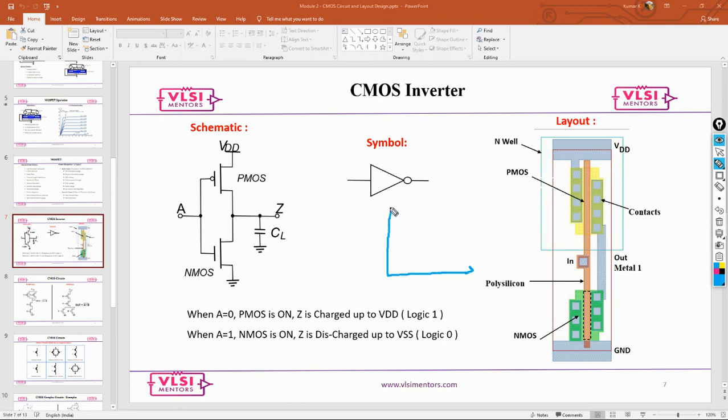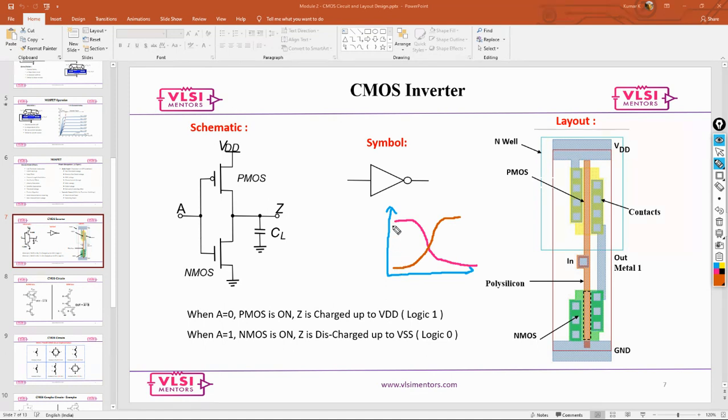So it is going to be V in and V out, in a scenario something like this.